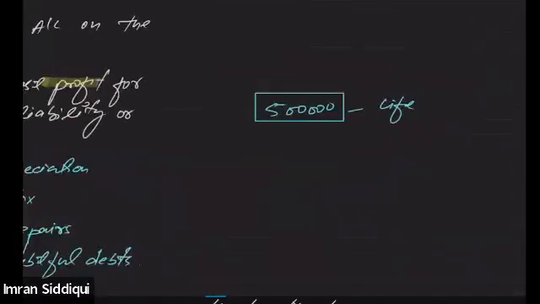Like, if we have bought a machine valuing 5 lakh, let's suppose the life of this machine is going to be 5 years. That means every year this machine will reduce by 1 lakh rupees. Since it's going to last for 5 years, the value of the machine will decline by 1 lakh every year, right?